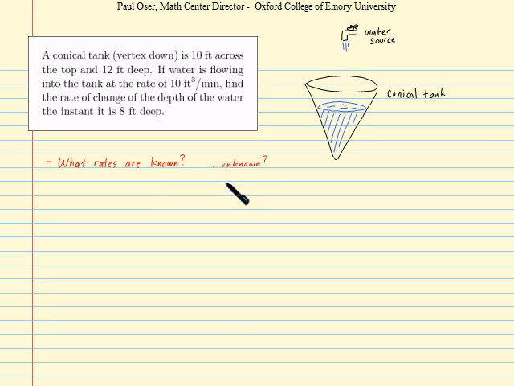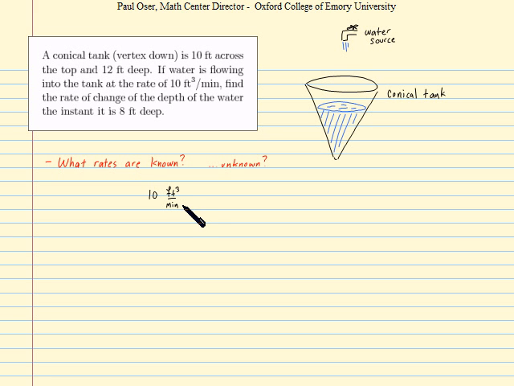Okay? Well, as for the known rates, recall we have water flowing into the tank at a rate of 10 feet cubed per minute. Okay, so that's a given or known rate. So let's write that down. Okay, so we have the water coming in at this rate. This is measured, notice, in feet cubed per minute.